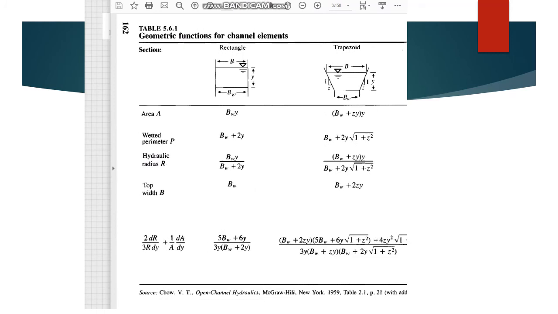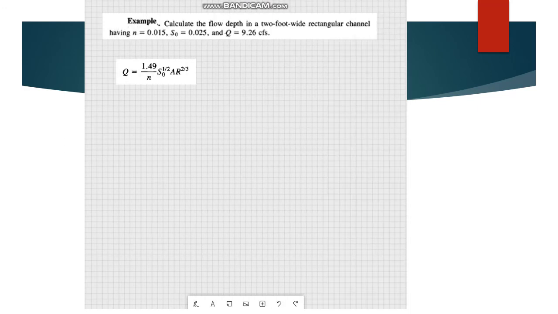As you see, for the rectangular section, we have the hydraulic radius, which is R, equal to b_w y over b_w plus 2y, and the area is b_w multiplied by y, for rectangular shaped geometry for channel elements, right?